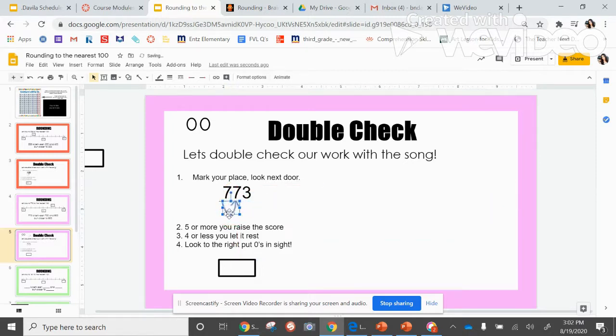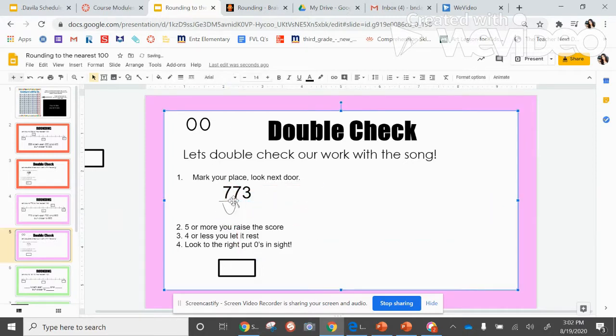What's my neighbor? My neighbor is a 7. Okay, next door there's a 7 in the tens place. My job is to see whether that 7 in the tens place is 5 or more or 4 or less. Mark your place, look next door, 5 or more. Is this 5 or more?